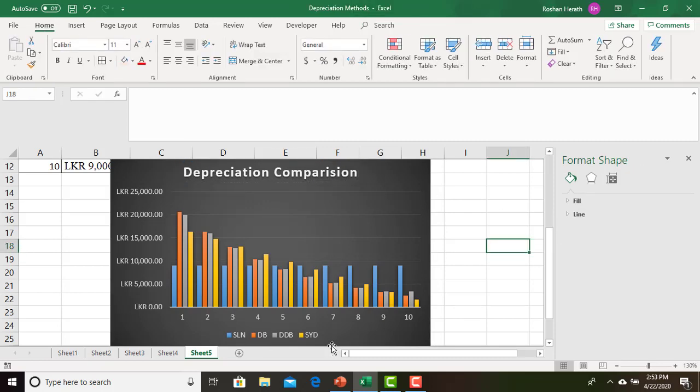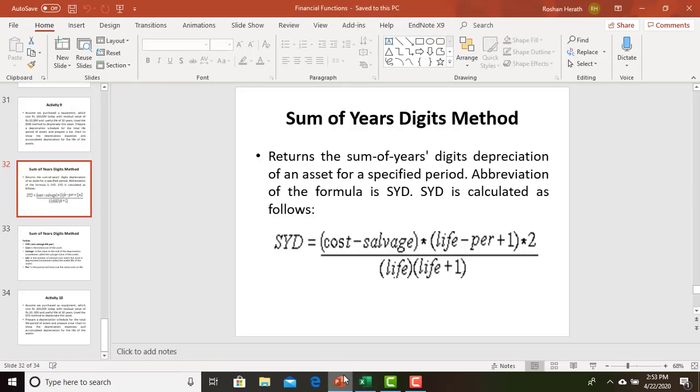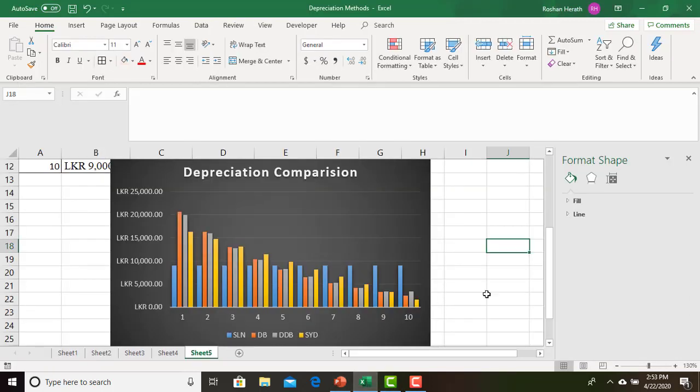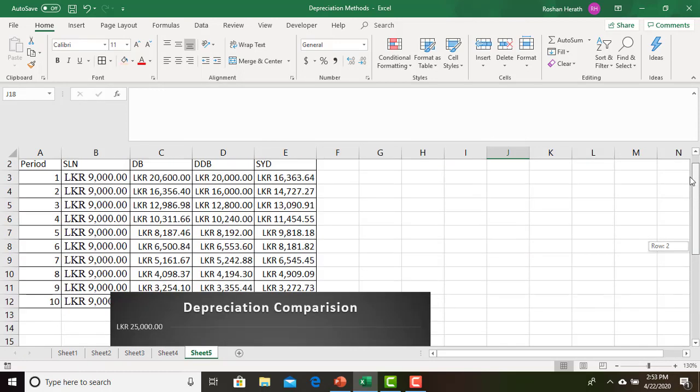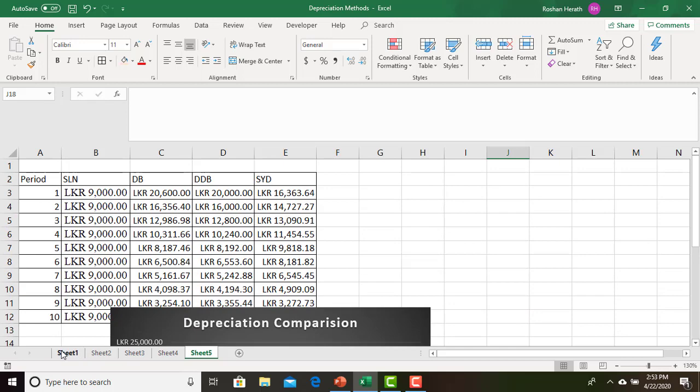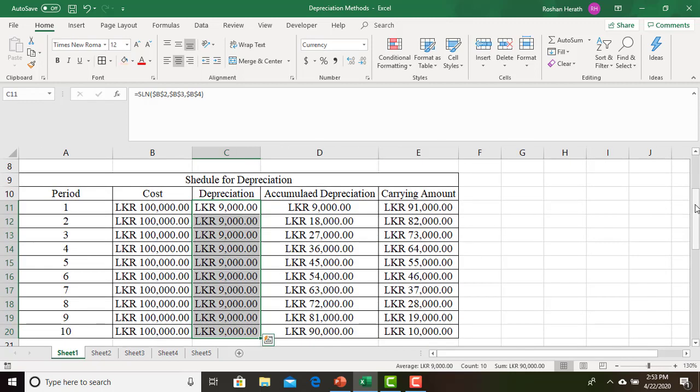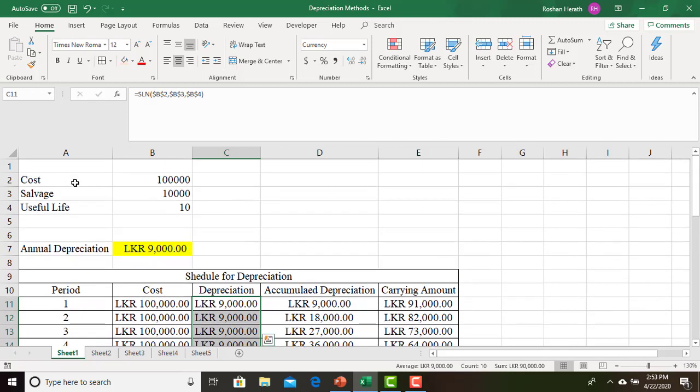Right. So with that note, we finish our discussion for the day. You can try out all these activities on your own, as well as several other activities. In order to try the activities, you need only three pieces of information: the cost, salvage value, and useful life.